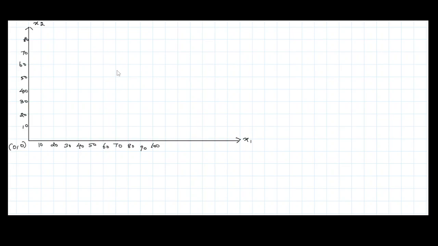The first point, 0 comma 40, is a point in this place. Also 20 comma 0 is a point.